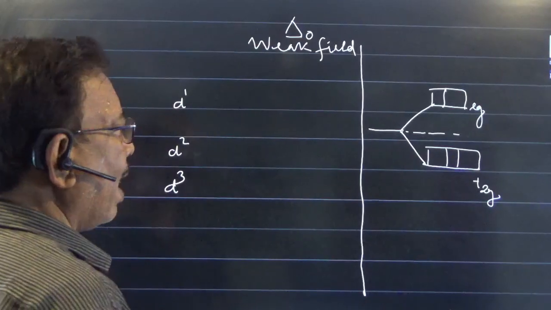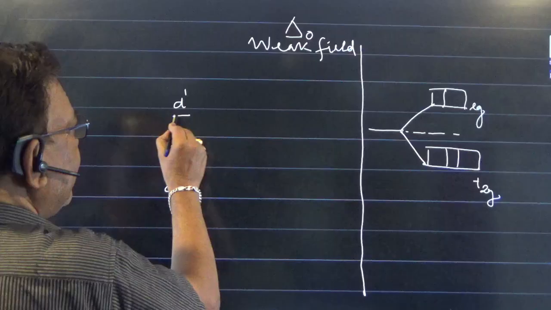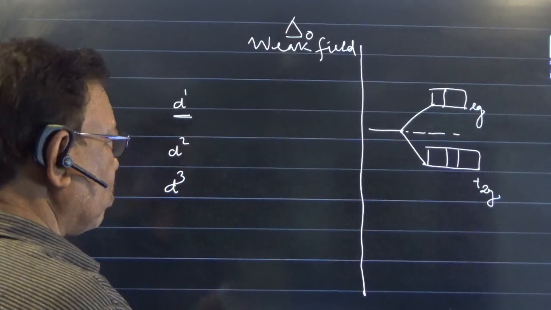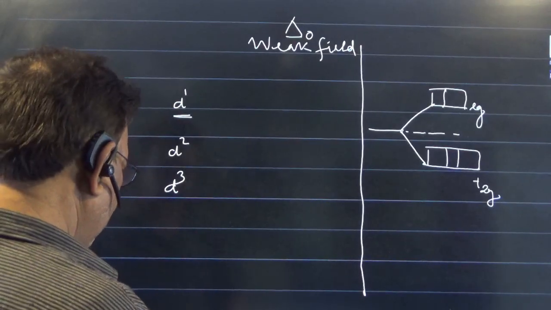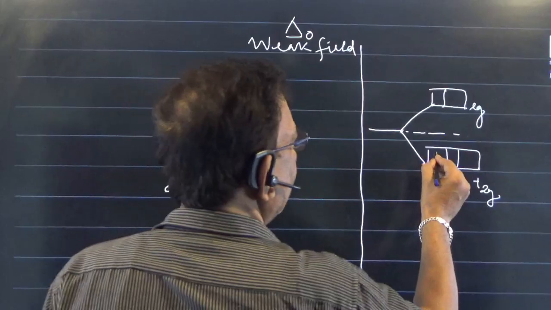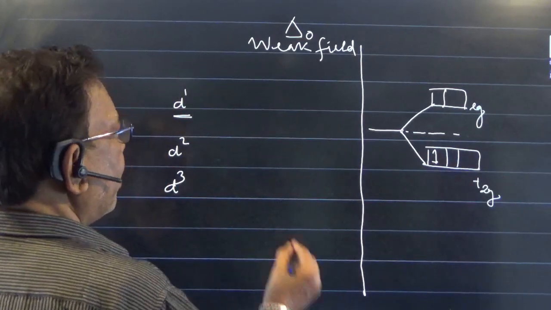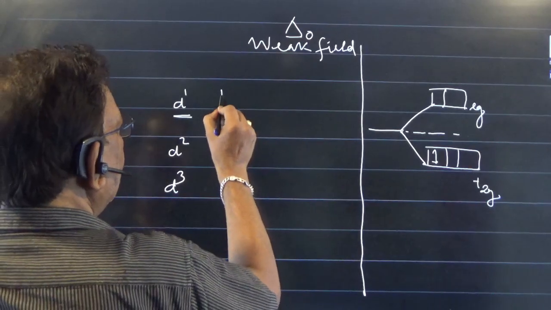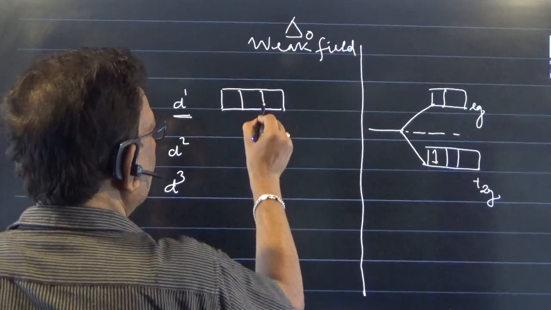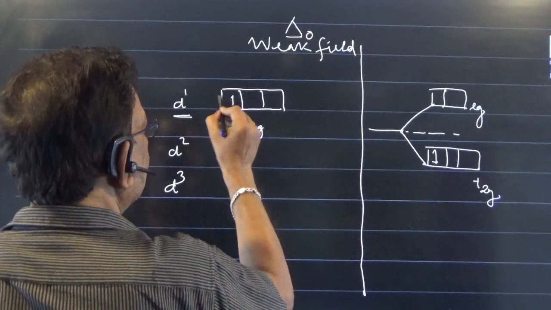Now, D1, try to understand. Whenever the d orbital contains one electron, where to put it? We have to put it here. For D1, T2G will get one electron.